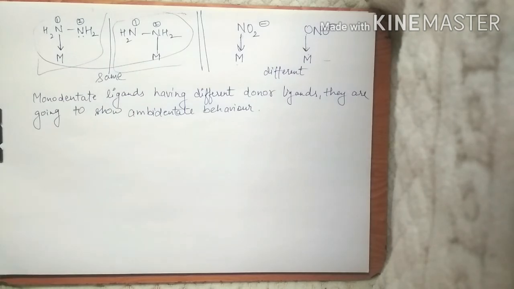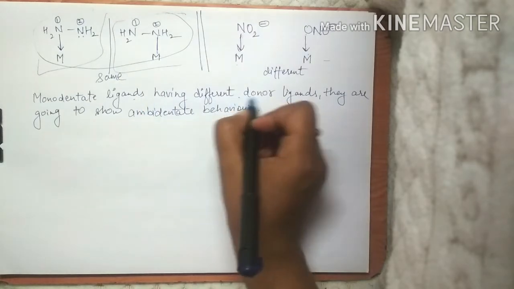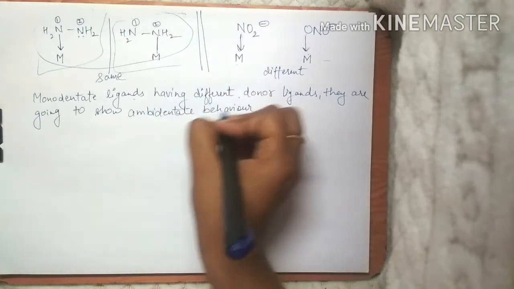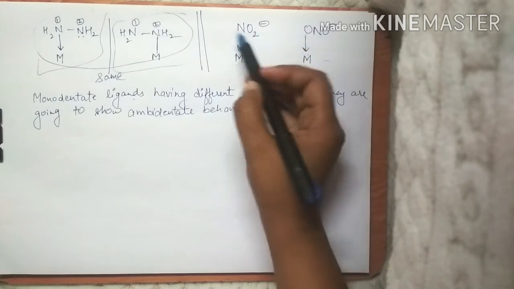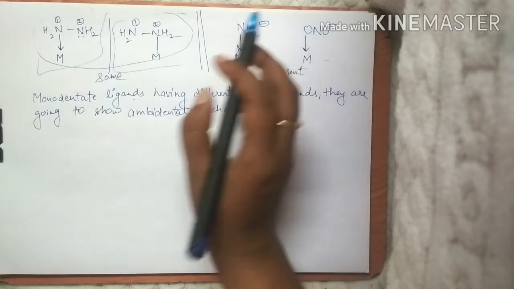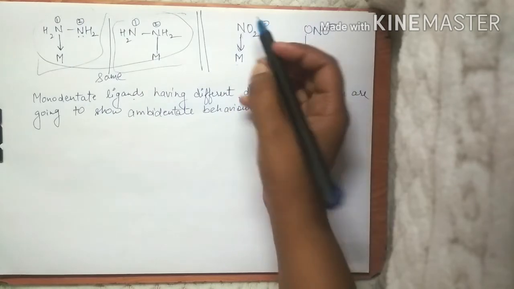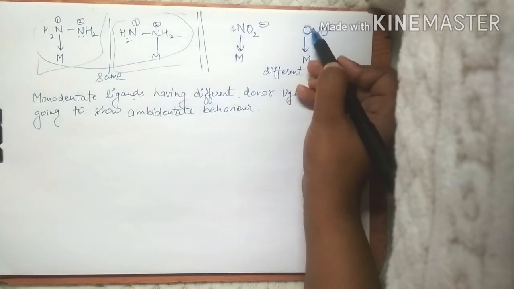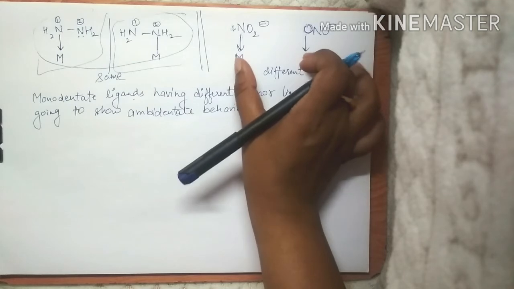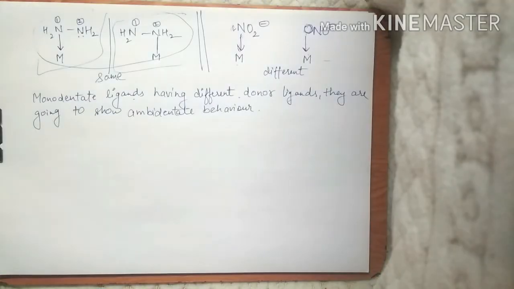So far you have to see that monodentate ligands having different donor sites are going to show ambidentate behavior, but the energy difference between the non-bonding pairs present on them should be low, that is, either nitrogen can donate or oxygen can donate. The energy difference between the non-bonding pairs is not much. Okay, that also we are going to explain with the help of an example.